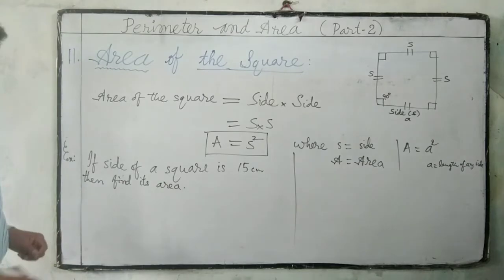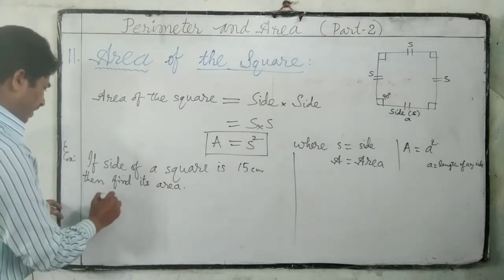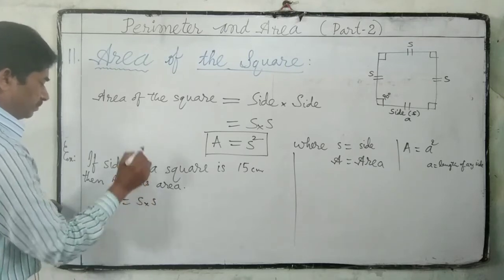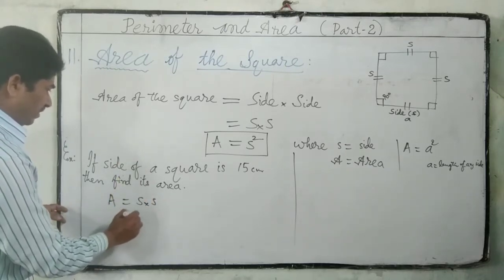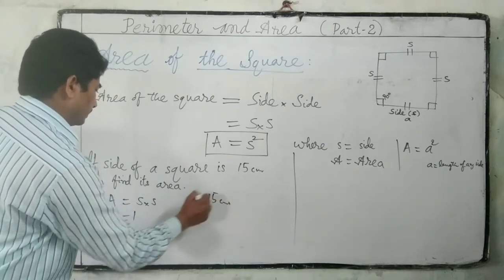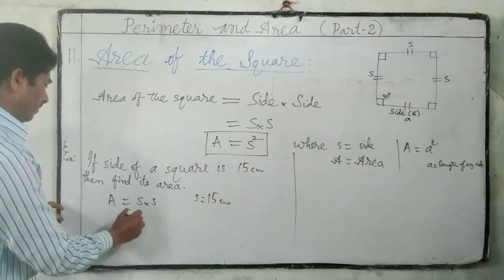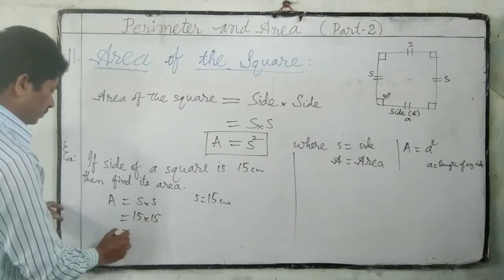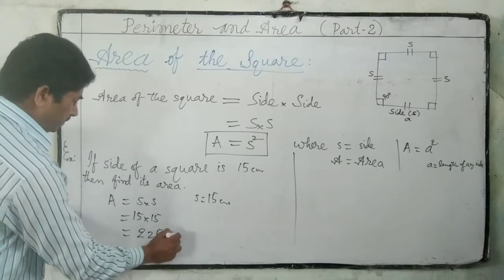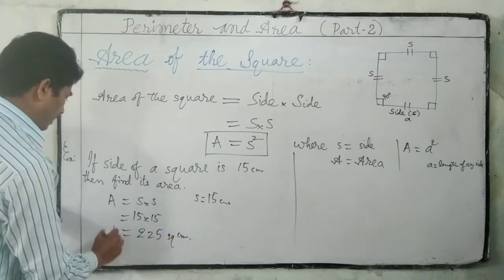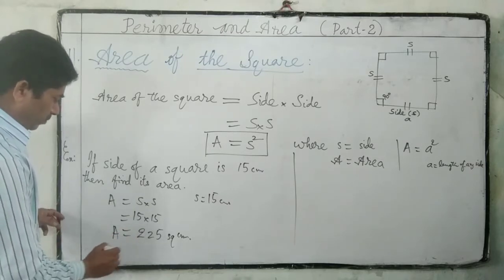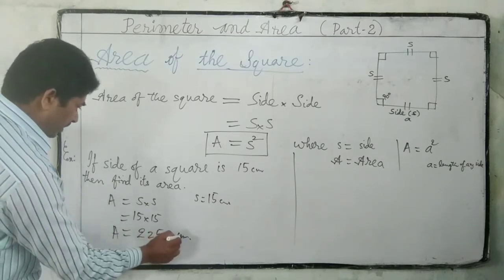We know the formula for finding area. A is equal to S into S. Here given side S is equal to 15 centimeters. So 15 15s are 225 square centimeters. Area of this given square is 225 square centimeters.